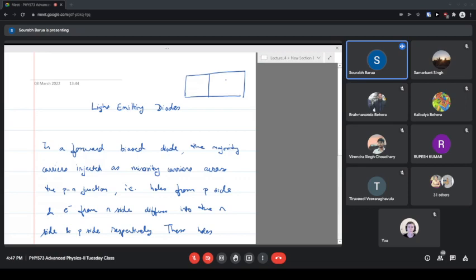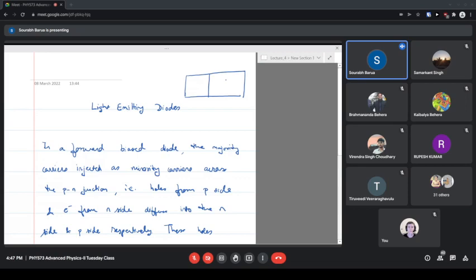And the N side, it is the electrons which are the majority carriers. So when you forward bias this, these holes are pushed to this N side, and these electrons are pushed to this P side. So these are the majority carriers in the N side, electrons, and the holes in the P side.